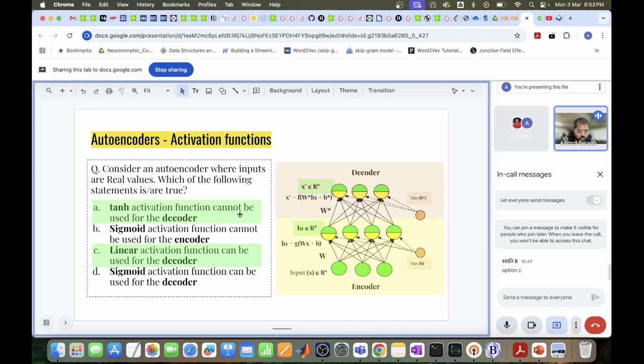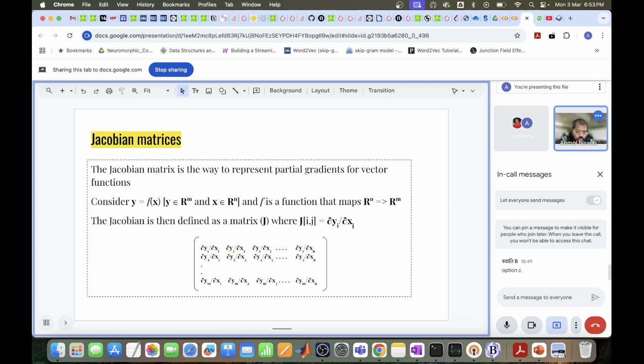This is obviously not true because we are looking for real values, and for real values, like we have already discussed, the optimal activation function that you might want is linear. So D is not true. B is not correct because we can have anything in the encoder activation function, the hidden layer activation function. So we can have sigmoid also, and the remaining we have already discussed.